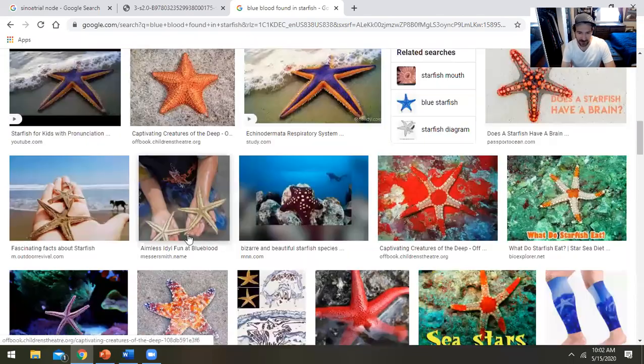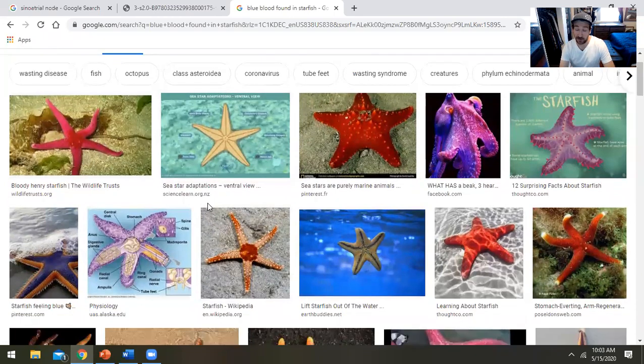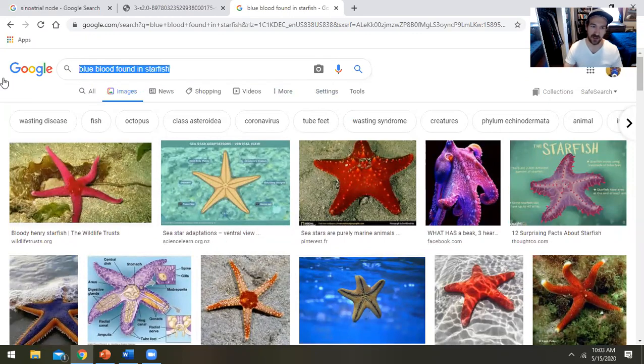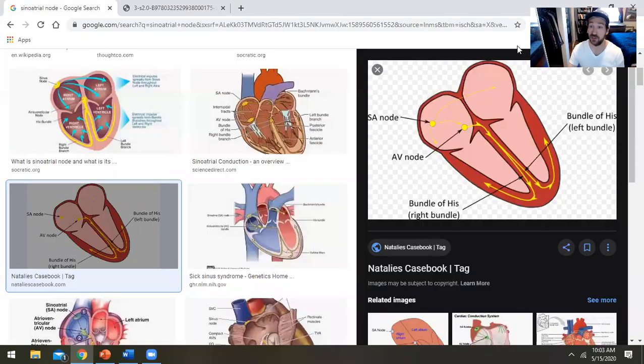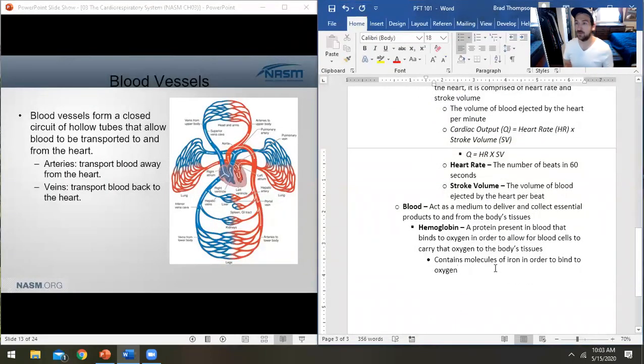Starfish don't use iron to bind their oxygen molecules. Instead, they use copper, which is why their blood is a bluish color. When copper binds to oxygen, it turns a bluish green, which is also why the Statue of Liberty is greenish. Fun little weird facts found throughout weird bodies.